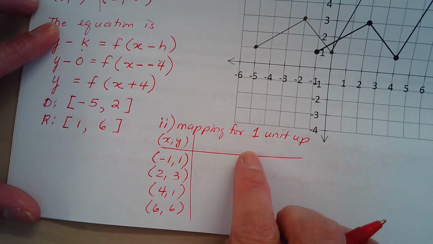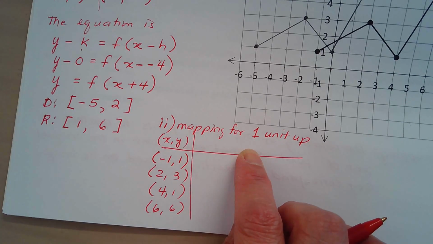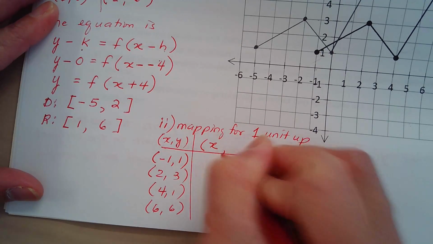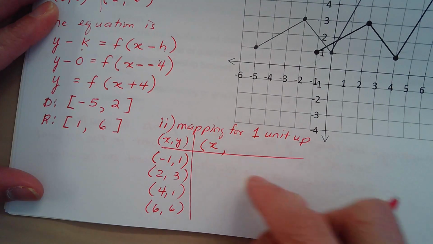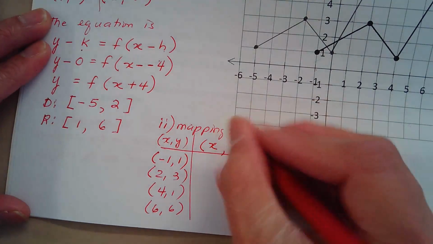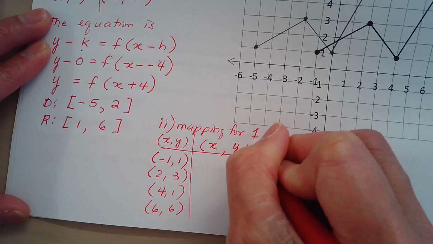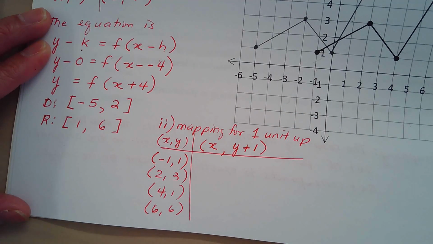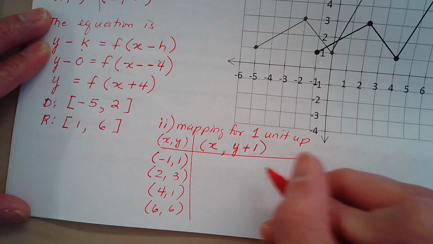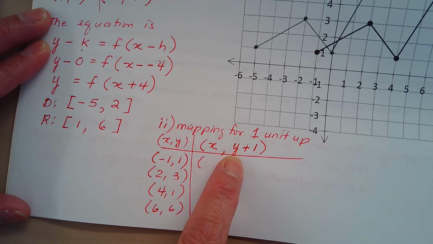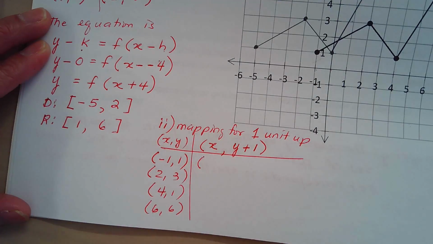Now because it's a mapping for y 1 unit up, the x stays the same, so x. And what's happening to the y? Because it's 1 up, it's going to be y plus 1. Okay? So if it's 1 up, the k is up 1.